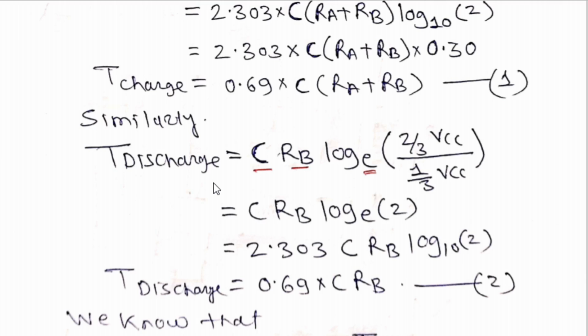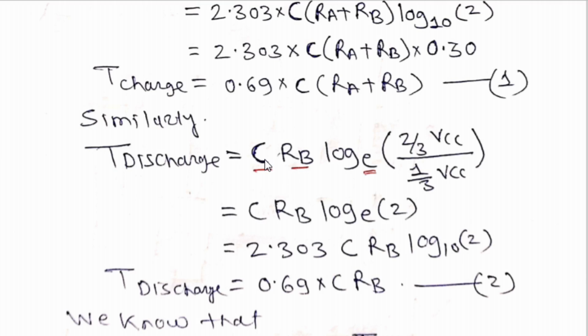That again depends on whether you are discharging through a very small resistor or a very high value resistor. So two factors are very important: the value of the capacitor itself and RB, because RB is responsible for discharging the capacitor. Our capacitor C discharges through RB only.